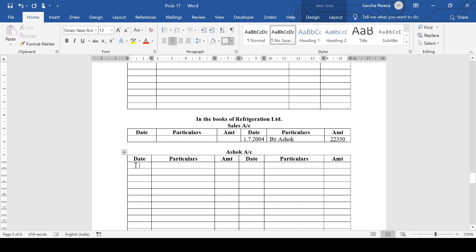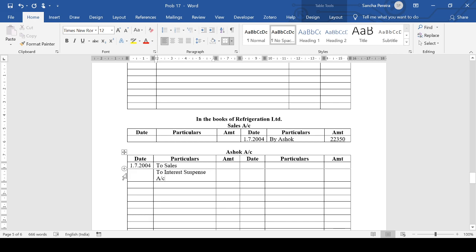In Ashok's account, we are going to have 1st July 2004 to sales 22,350 and to interest suspense account 1650.